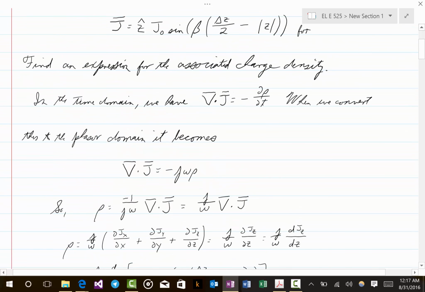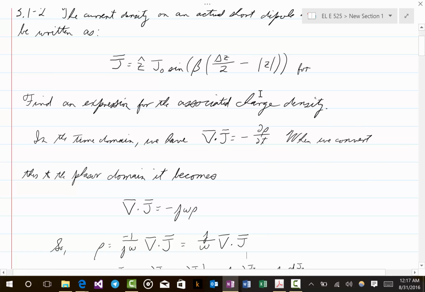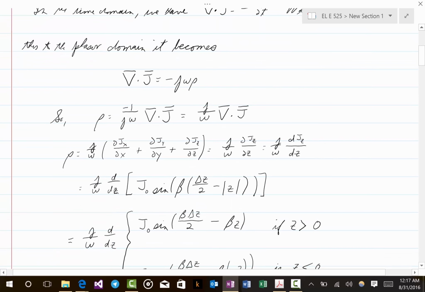And if you look at jz up here, which is everything to the right of j hat, you see that it does not vary with respect to x or y. It depends only on z through this absolute value term, and therefore, returning down to this equation, the partial derivative with respect to z is really just an ordinary derivative, because jz varies only with respect to z.